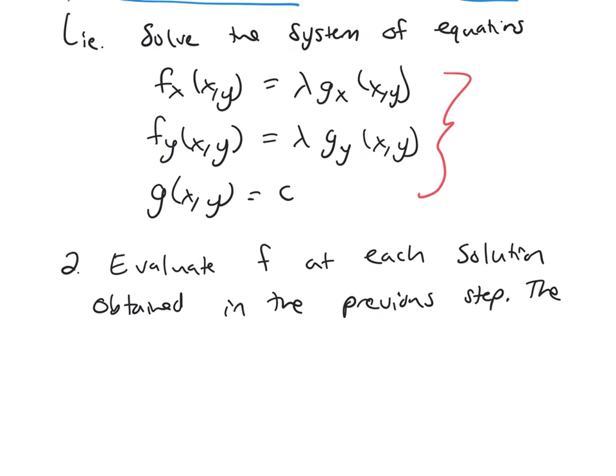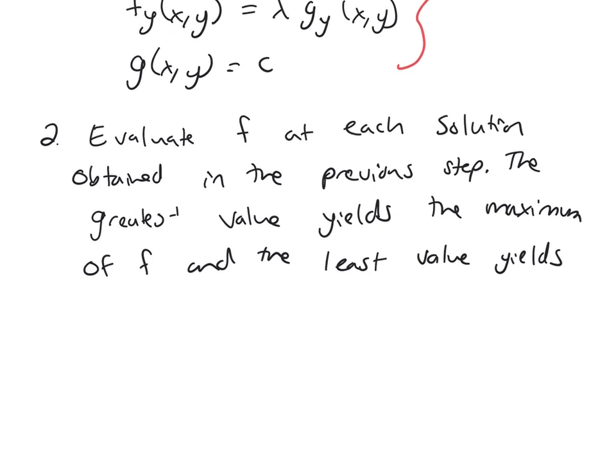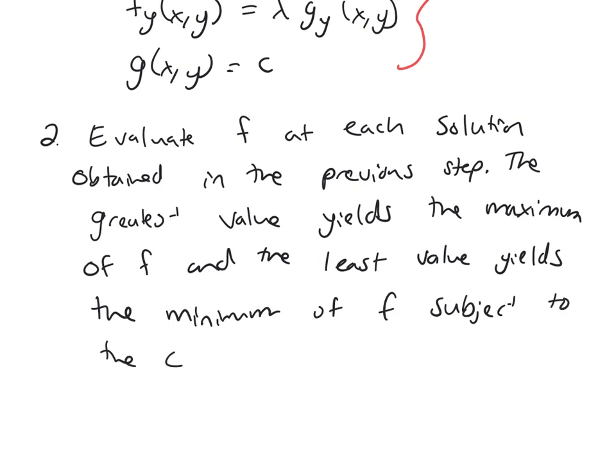The greatest value yields the maximum of f, and the least value yields the minimum of f, subject to the constraint g of xy equals c.